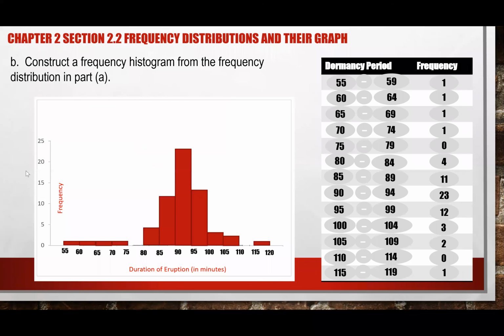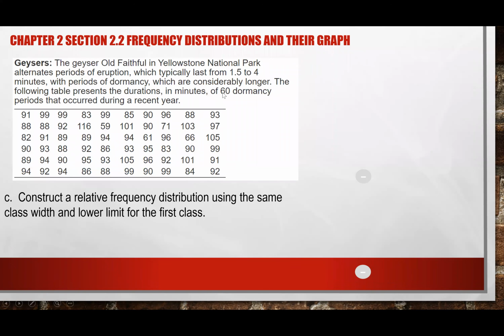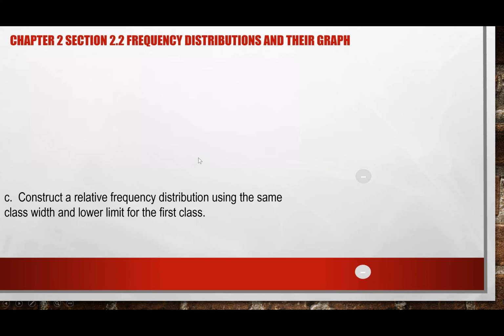If you count all this data, this is your 60 data. Each individual is 1 data, so if you count all of them it is 60, and that's where the 60 comes from.